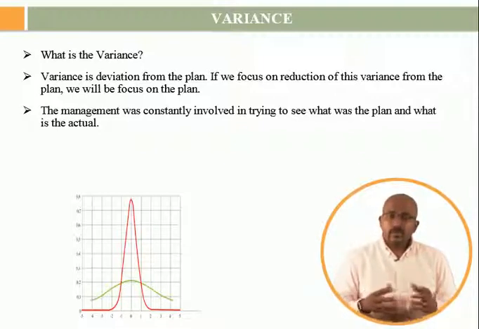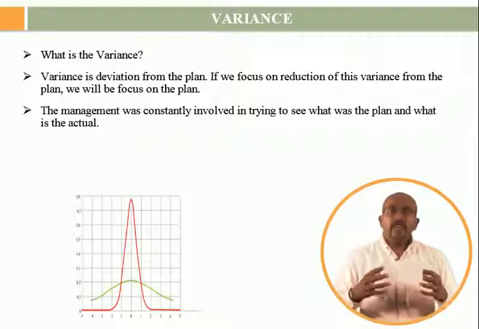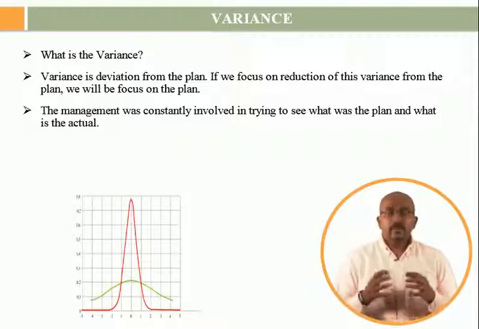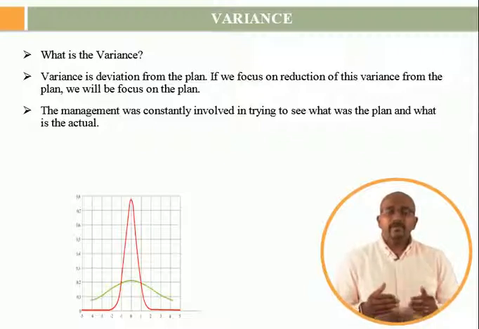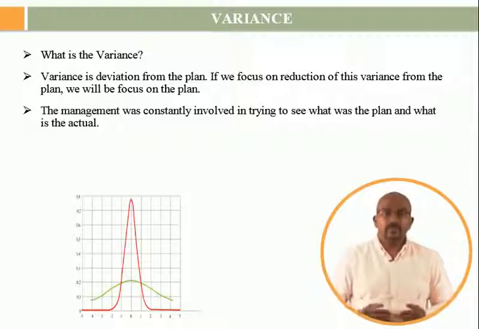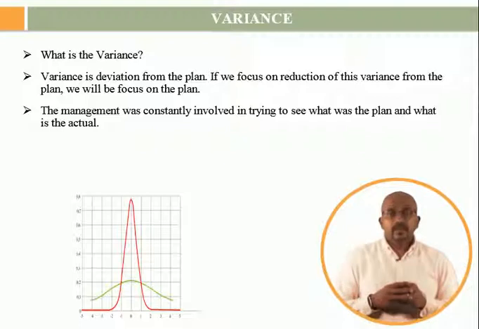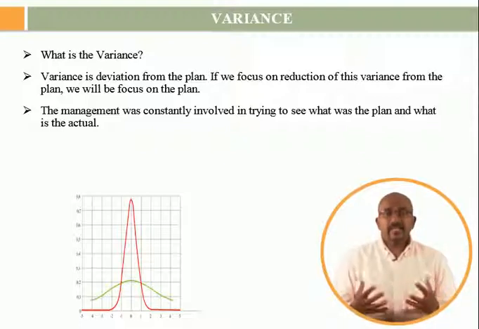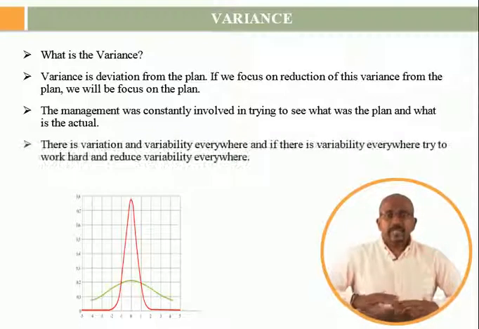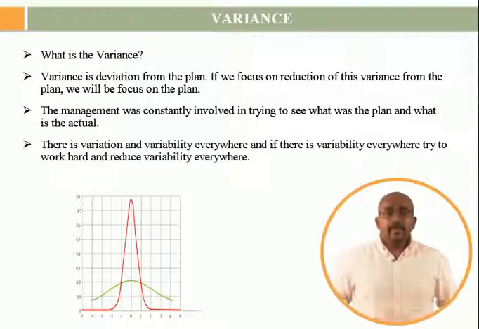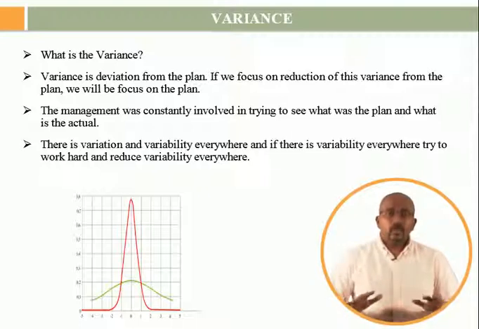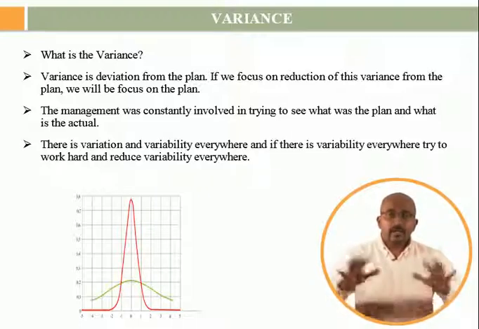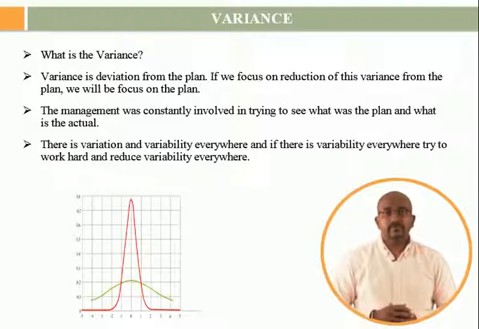I don't know how much ability they have to correct the deviation, but any deviation from plan is considered not good. In other words, we are telling ourselves that there is variation and variability everywhere. And if there is variability everywhere, try to work hard and reduce variability everywhere.